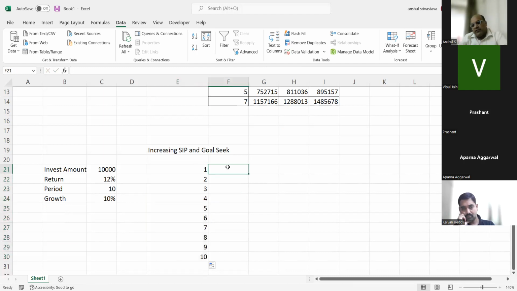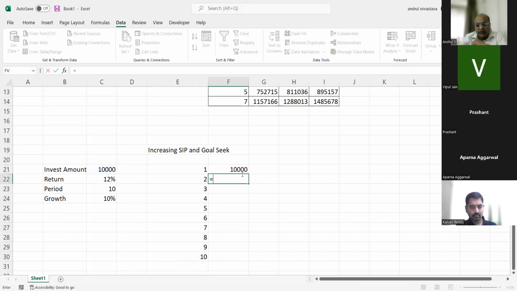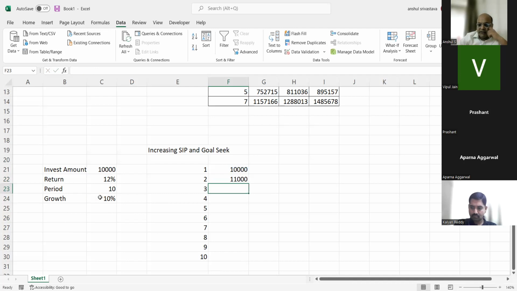This is 10 years. Now, your first investment is 10,000. Next year, your investment would be 10,000 into 1 plus 10%. Every year you are going to increase the investment by 10%. So 10,000, 11,000, and so on.